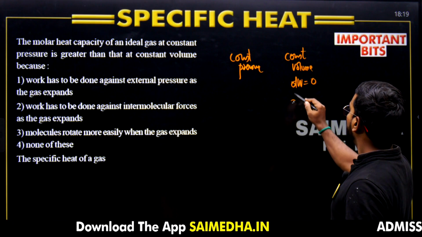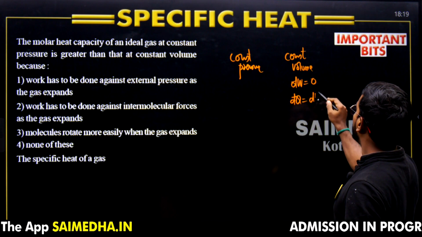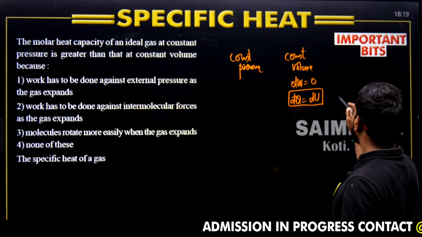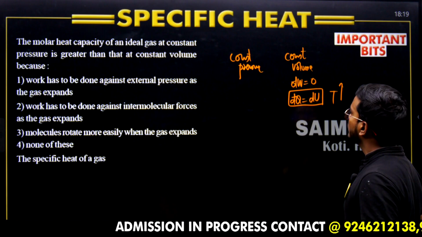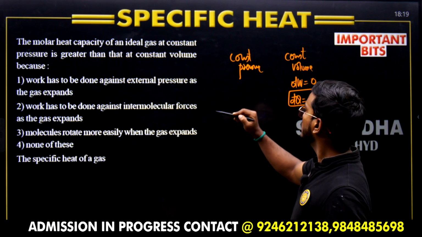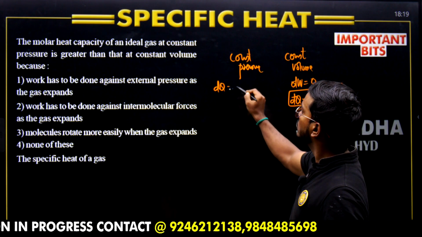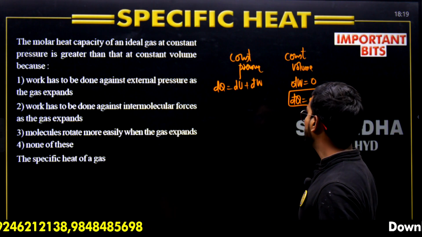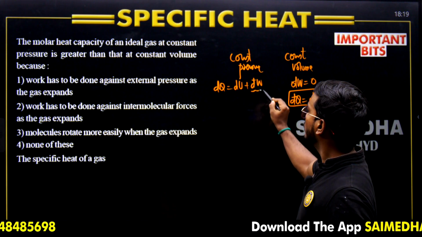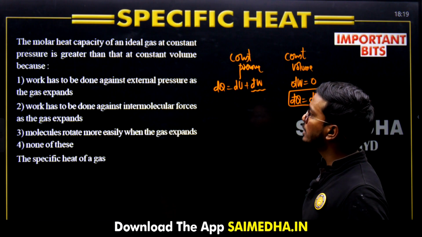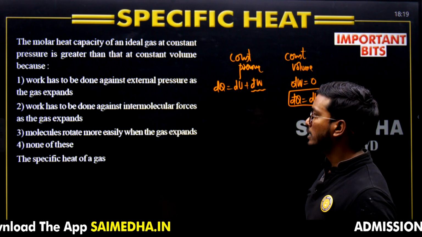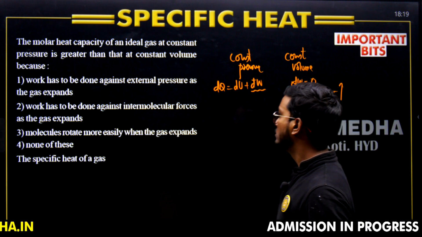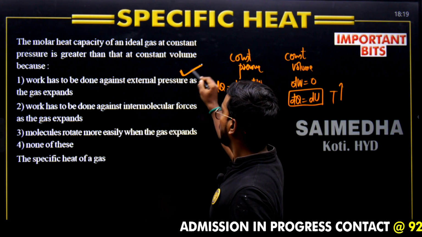Total heat supplied is responsible for increasing the temperature, dQ equals dU. In the constant pressure process, dQ is equal to dU plus dW. That means work has to be done against the external pressure as the gas expands. So the first one is going to be your correct answer.